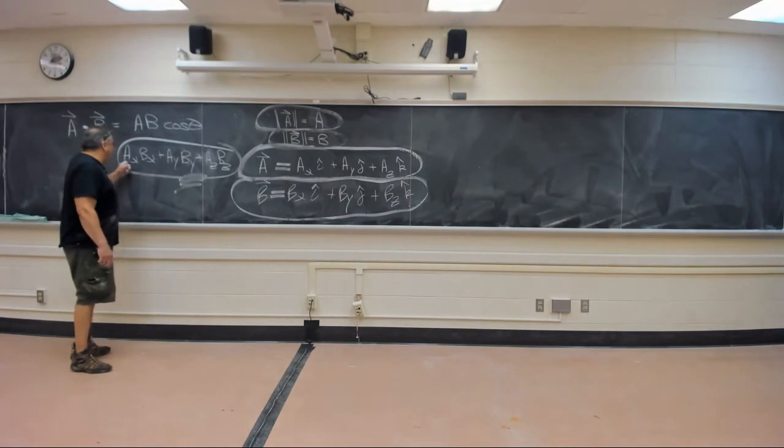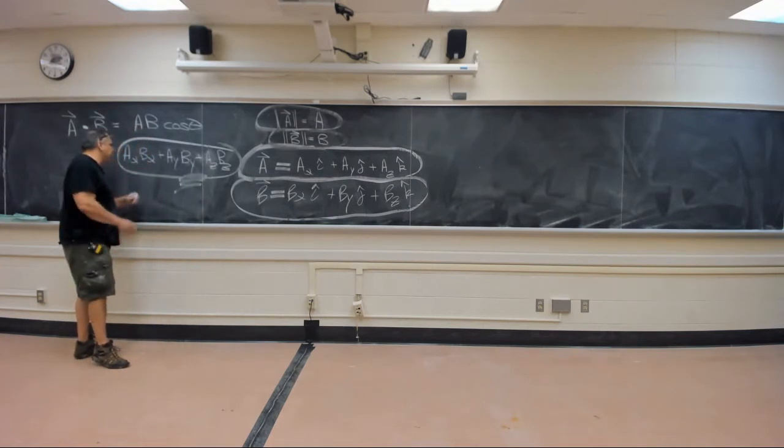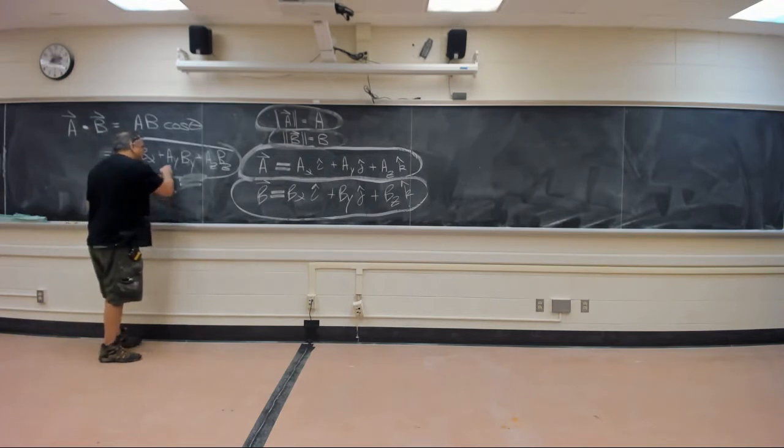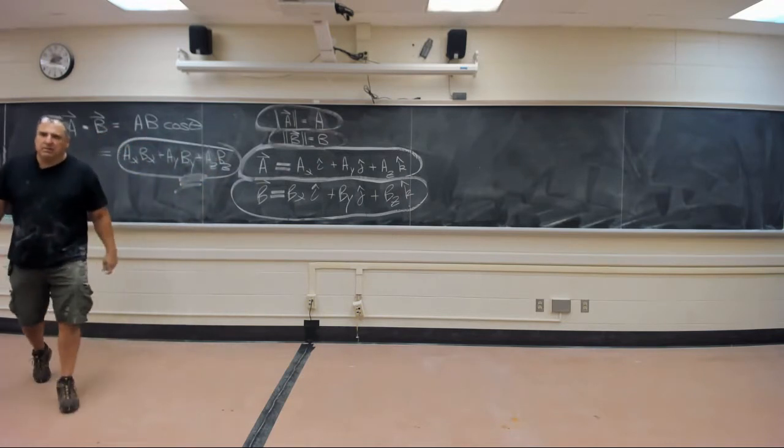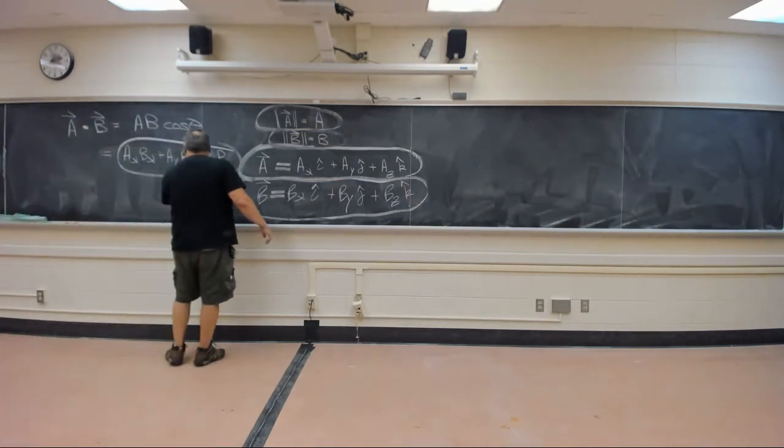If you take the x component of A and the x component of B and multiply them together, so A sub x, B sub x, add that product with the product of the y component of A and the y component of B, add that with the product of the z component of A and the z component of B. Add these together, it's the same as AB cosine theta. Believe it or not. It's a way to prove it. Great mathematics to do, guys.